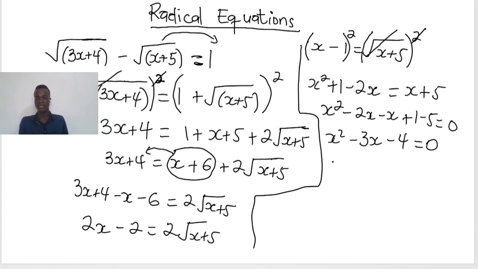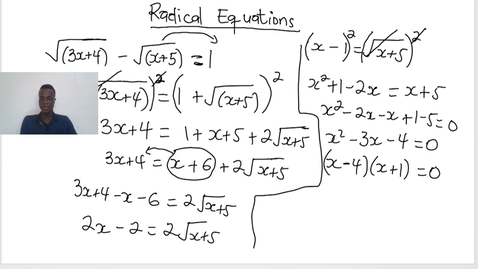So if you factorize in this case, let's see, I think we are going to have x minus 4, I guess, yes, multiplying x plus 1 equals to 0.